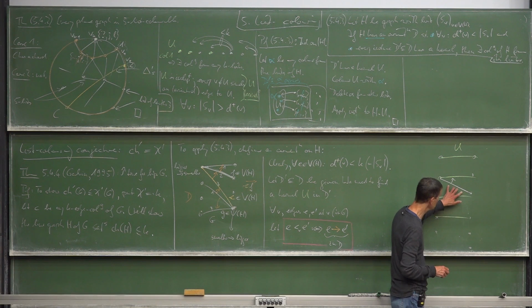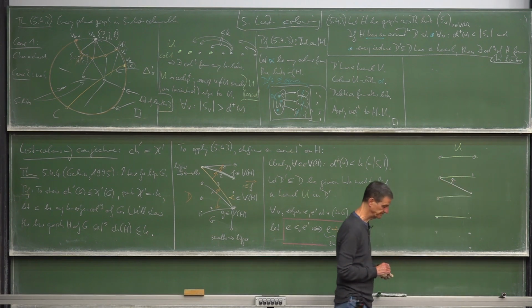So for every other vertex of H, for every other edge of G, we need to show that in D there's an arrow from this edge to a matching edge.